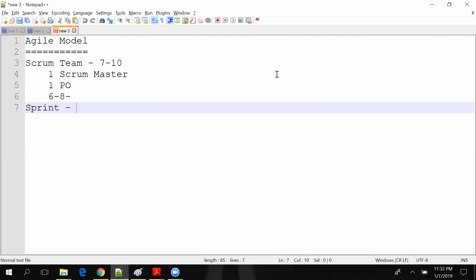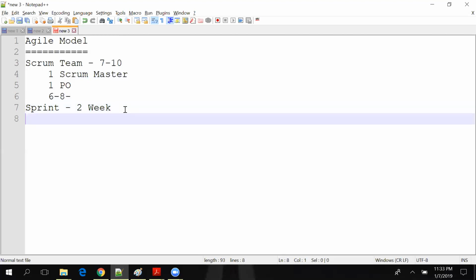When you need to finish, you have to decide some timeline, and within that timeline I have to finish. This sprint time normally ranges from 1 to 4 weeks. It depends on the company and the project. For example, we decided our sprint timeline is 2 weeks.